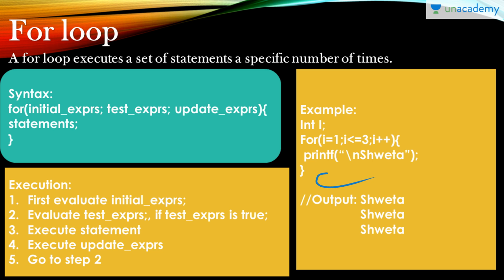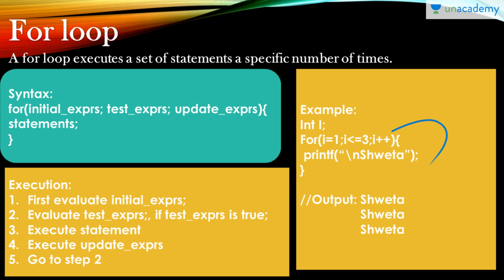First it will initialize, then test the condition, then print, then update. So first we have taken 1, 1 less than equal to 3, it's true, then it will print, then it will update the value, so 1 becomes 2, then it will check that 2 less than equal to 3, yes, it's true, so it will print again, then update again, so 2 becomes 3.